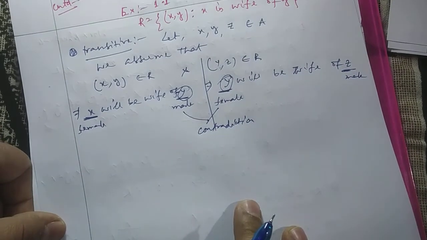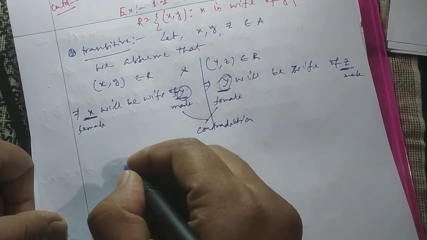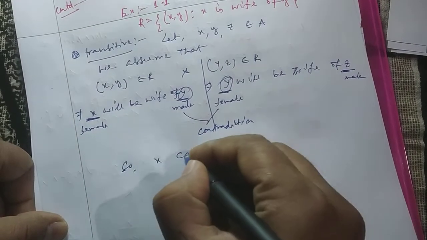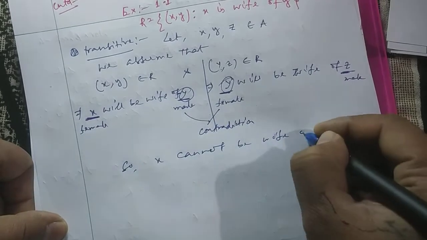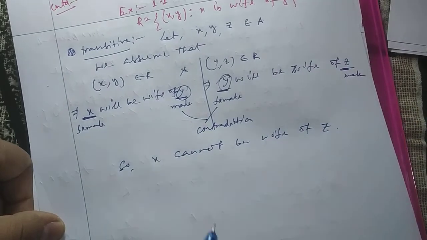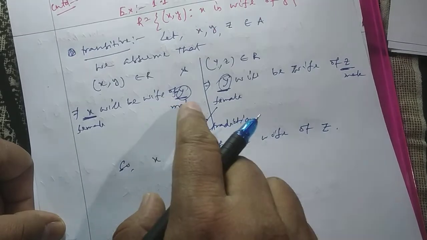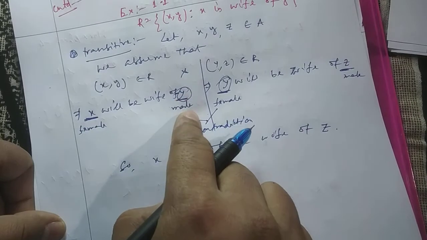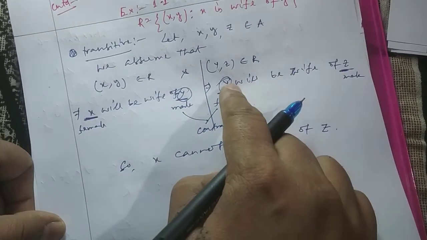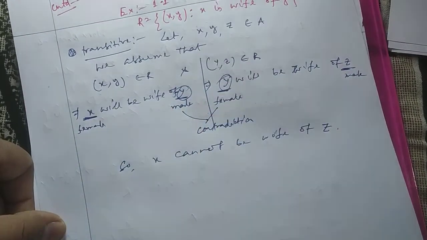So from here we can say obviously, we can claim X cannot be wife of Z, because in the previous step we have seen Y should be the husband. Here Y is the male and here Y is working as a female, so both are a contradiction.